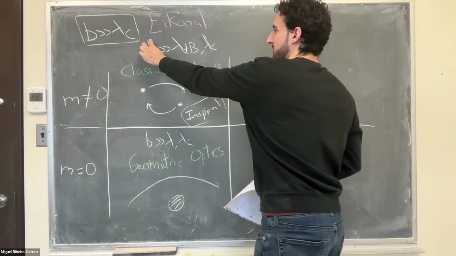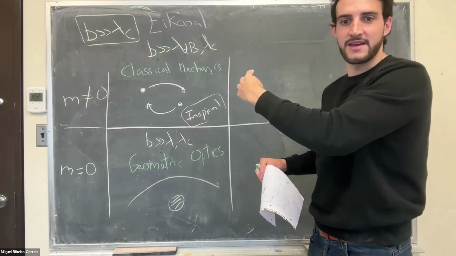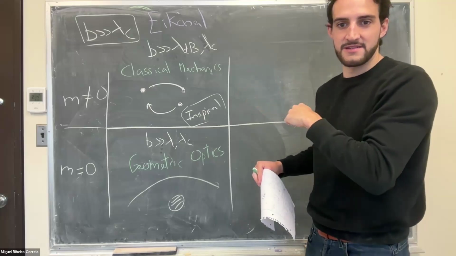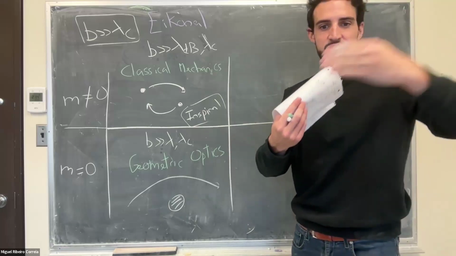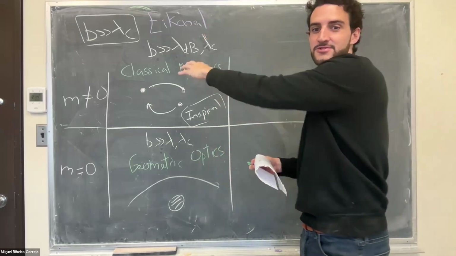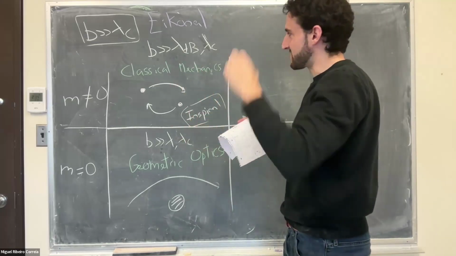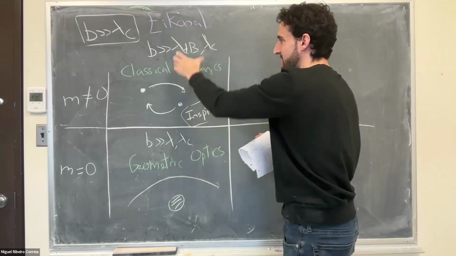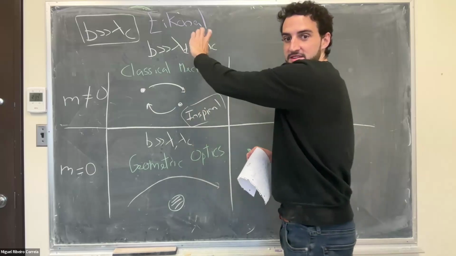So usually when people mean eikonal, they take B to be the largest scale, even bigger than any dynamical scale, which I have not introduced. If I take B much larger than the Schwarzschild radius, then the scattering angle will be very small. But I haven't introduced yet that scale. So this is the eikonal in terms of kinematic scales, and it allows me to describe also finite scattering angle with these scales.